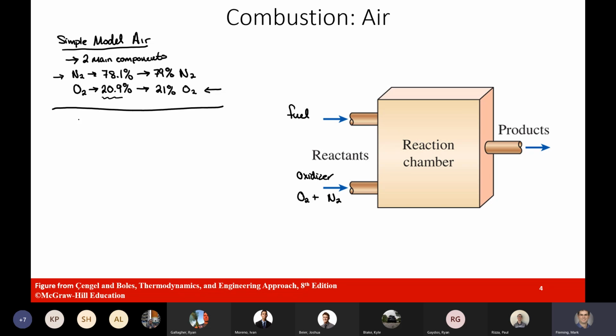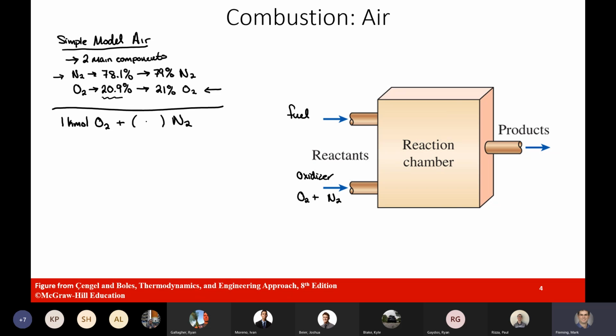And so what we're going to do is use 1 kmol of air or oxidizer. If we have 1 kmol of oxidizer, we have to add in some amount of nitrogen to this reaction. Again, we want to figure out how much fuel we have, how much oxidizer we need, and then figure out how much air we're actually going to have to provide.